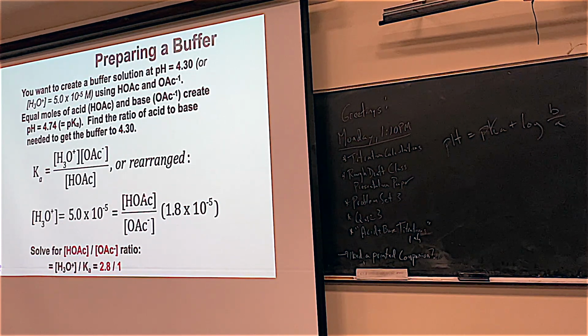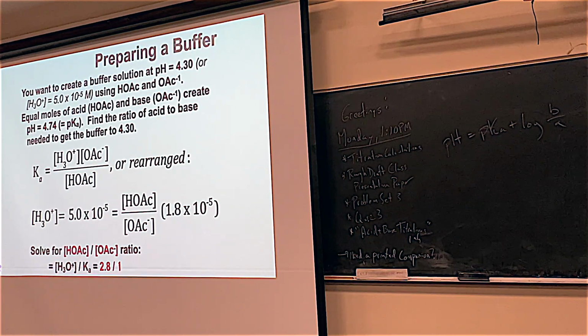It's the ratio of the acid to the base. So you can see here that what I'm basically doing is taking hydronium and dividing by the Ka, this divided by this. And sure enough, we get this ratio 2.8 to 1. All right, the number in your calculator comes out to be 2.8, but the hip chemist would know then that it's acid over base.